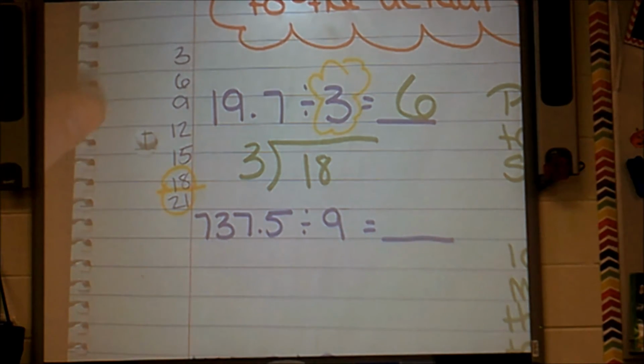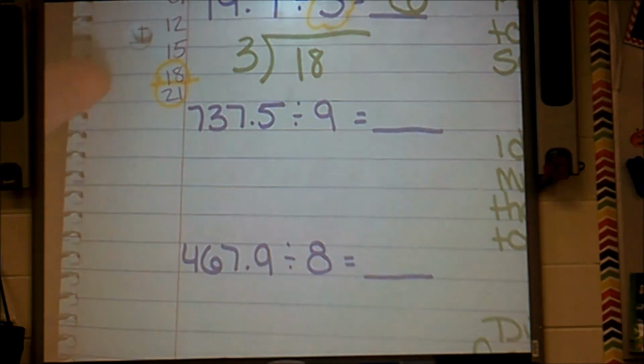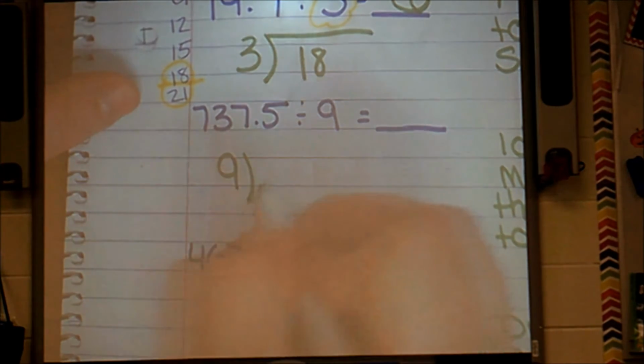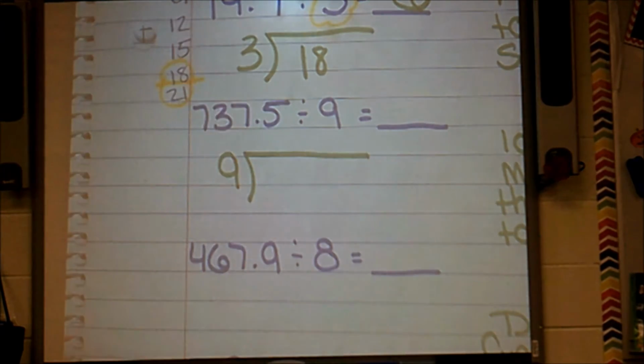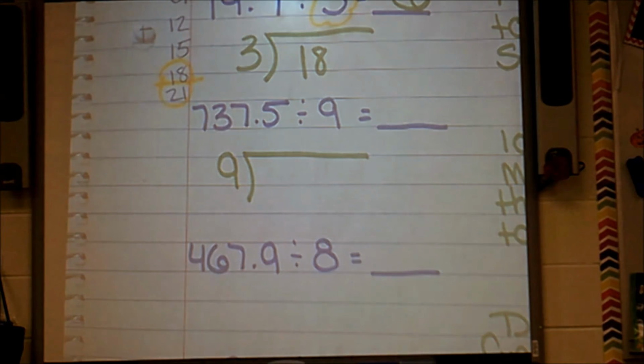Let's go through these steps and try another one. So according to my steps, I'm going to leave my divisor alone, my 9. I'm going to keep him the same. And then I'm going to count by my divisor until I get a number that is close to my dividend. Well, I don't know about you, but I am not counting all the way to 737.